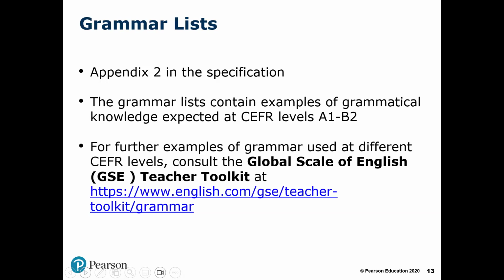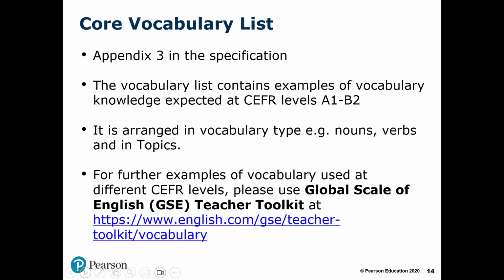So we're not extending beyond B2. So the expectation is that for the level of the qualification, we don't go beyond B2. And the Global Scale of English Teacher Toolkit, which you can access through that link, will also give you examples of the grammar coverage at that level.